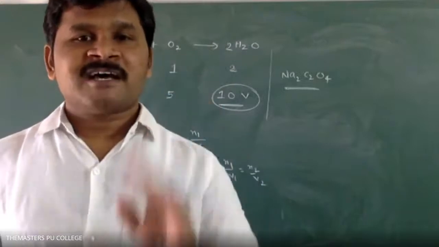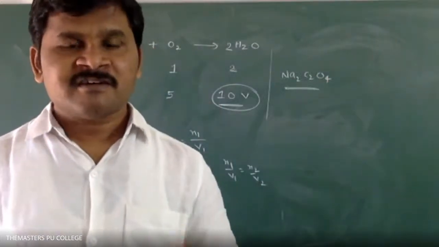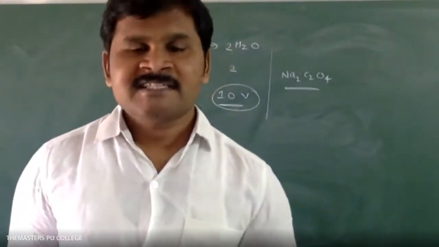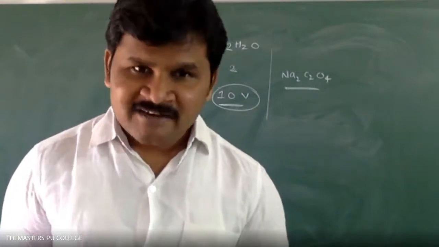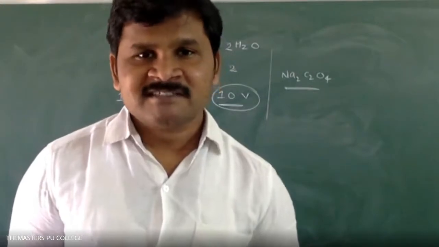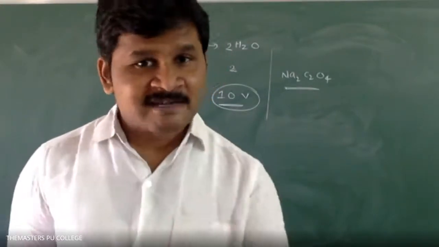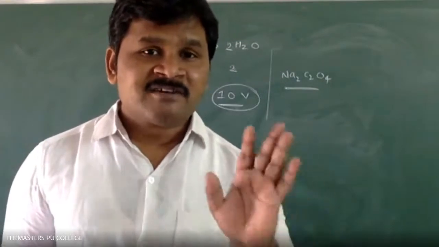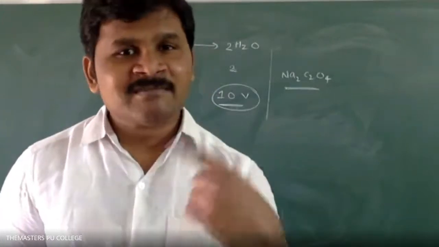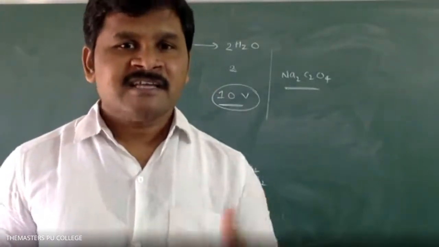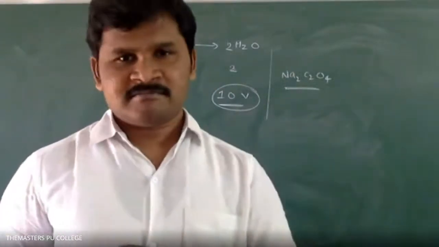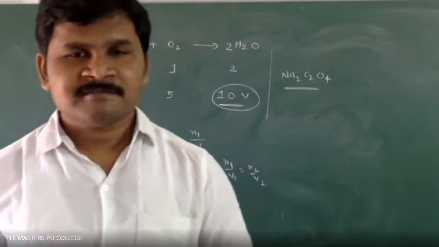To get 1 molar H2SO4, we have to dissolve 98 grams of H2SO4 in 1000 ml of water. Similarly, to get 1 molar NaOH, we require 40 grams of NaOH dissolved in 1 liter of solution. You will get same molarity. With respect to NaOH, 40 grams means 1 mole, and with respect to H2SO4, 98 grams means 1 mole. So he is telling that if solutions have same molarity, the number of molecules is the same.